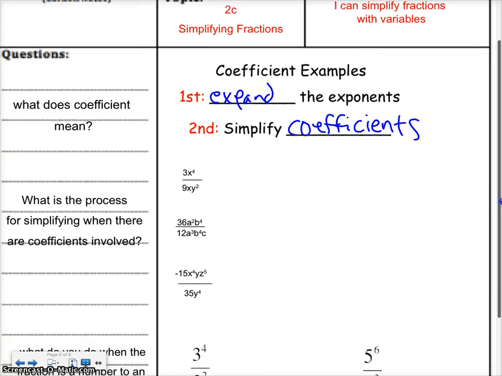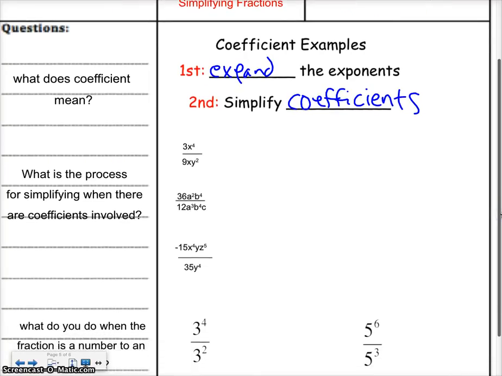For example, 3x to the 4th over 9x y squared is equal to 3 and 4 x's over 9, 1 x, 2 y's. I can cross out an x, simplify this into 1/3, and now I'm rewriting.